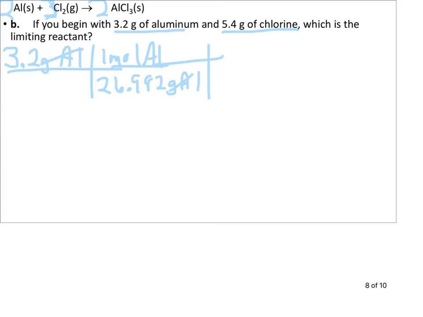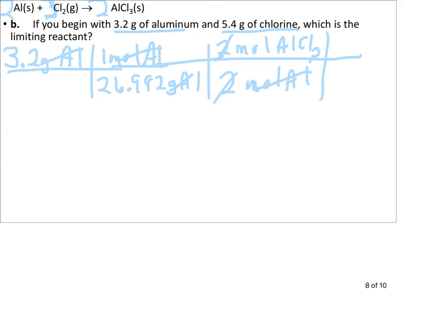Go to our mole ratio, and for every 2 moles of aluminum chloride, we use 2 moles of aluminum. Moles divide out moles. Could also divide out the 2s. And then get back to grams.